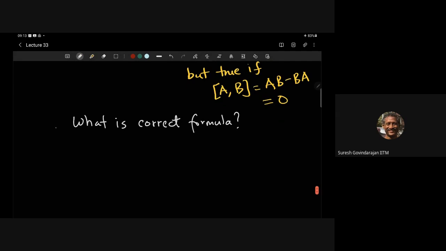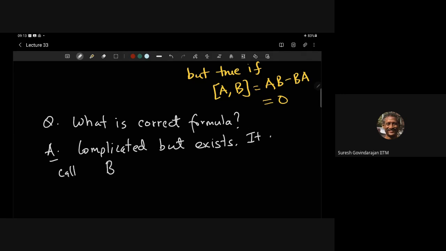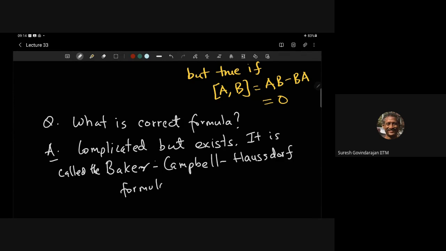It's complicated, but it exists, and it's called the Baker-Campbell-Hausdorff formula.